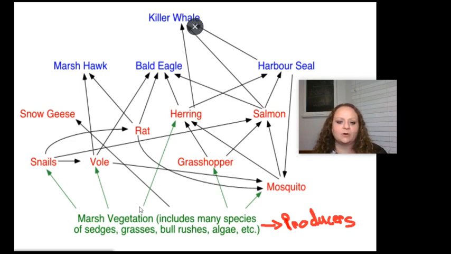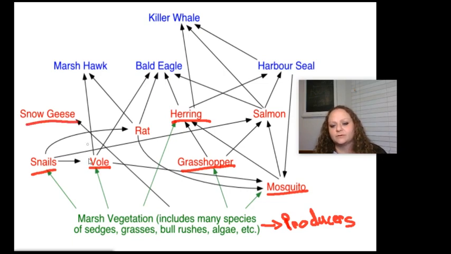These organisms are going to be consuming our producers. So these organisms here we would refer to as primary consumers. Okay? So all of these guys that I've underlined are primary consumers.